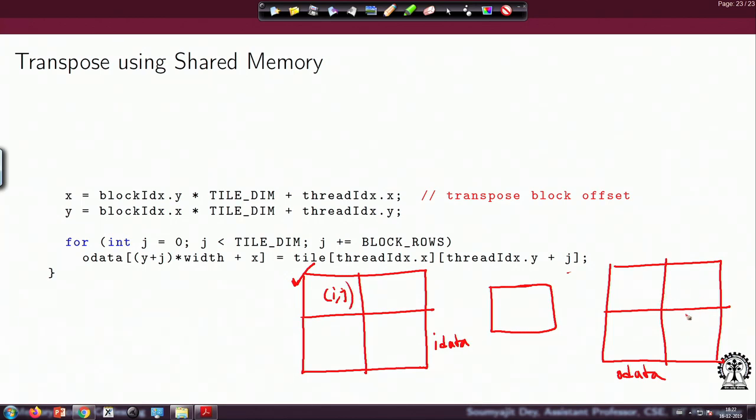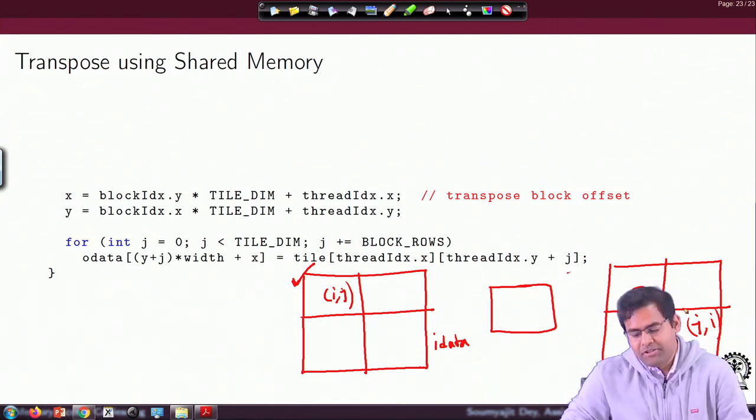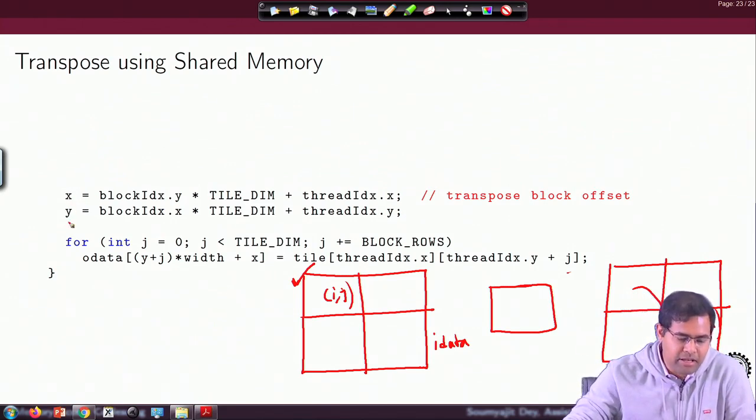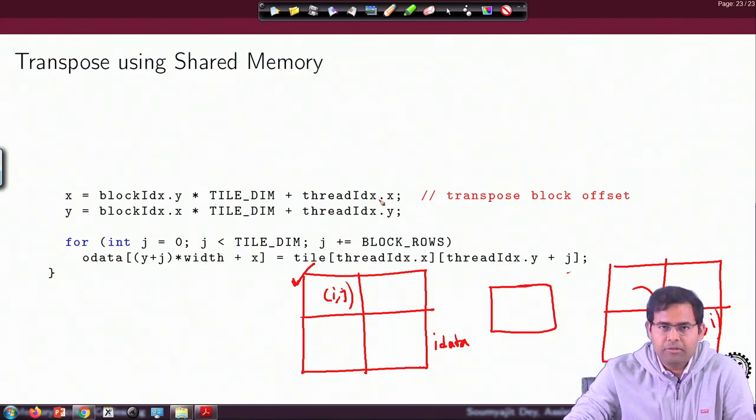So essentially I should be writing into the j comma i-th block. So, this has to flip. That means whatever was my blockIdx.y should provide me the new block id in the x direction. So, to do this flip of the block, I recompute my x and y using this formula.